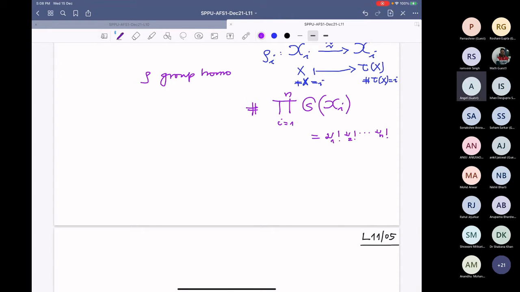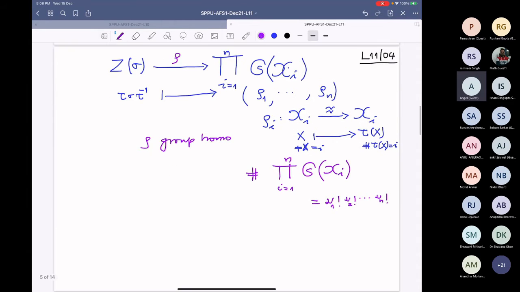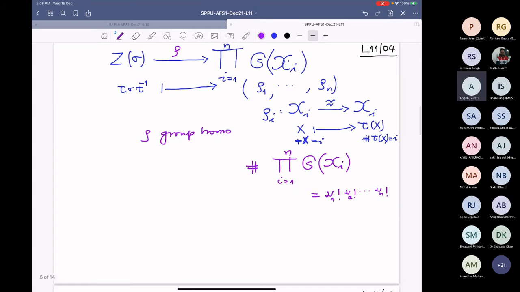Yes, sir. So if I know the kernel of this map, that will help us. So I'm going to tell you what is the kernel. But first of all, note that this map is surjective.